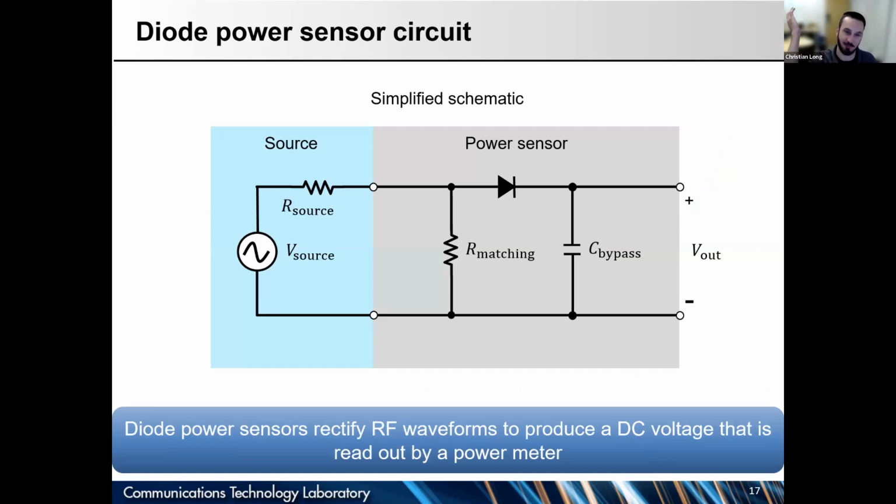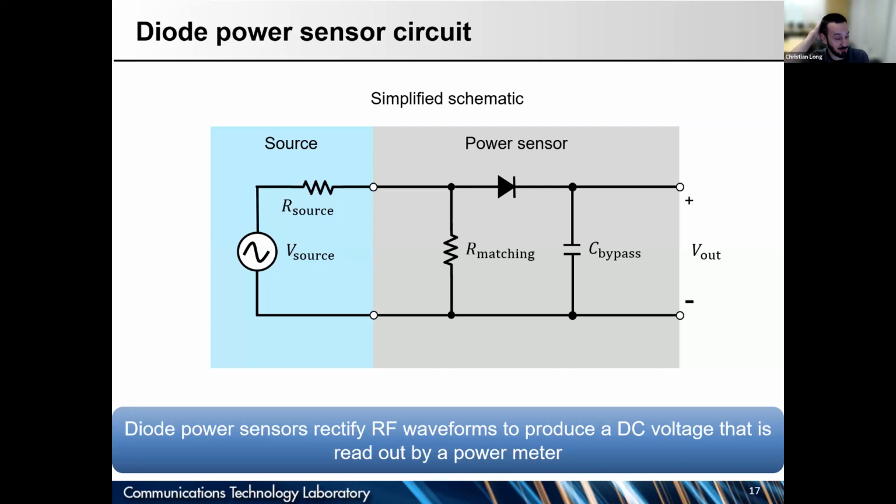So this is a very simplified schematic. All the circuit schematics will be greatly simplified because this is an introductory talk. If there's some source, then the power sensor might have a diode in it, but diodes are also sensitive to temperature. So you can buy a diode thermometer if you want to.